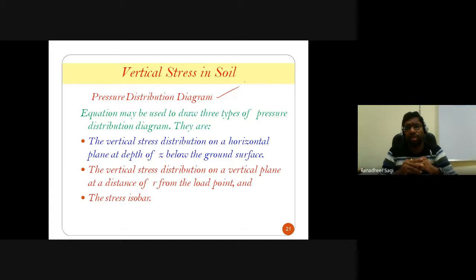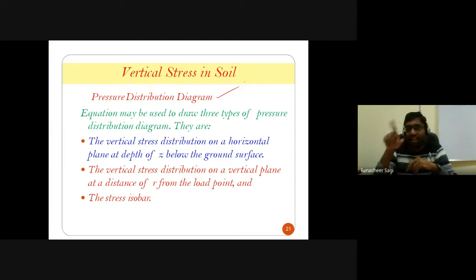What does stress isobar mean? Iso means same. Bar in the sense pressure, because bar is the unit for indicating pressure. So we are going to join the points corresponding to the same stress, indicating a kind of bulb, which we otherwise also call a pressure bulb.